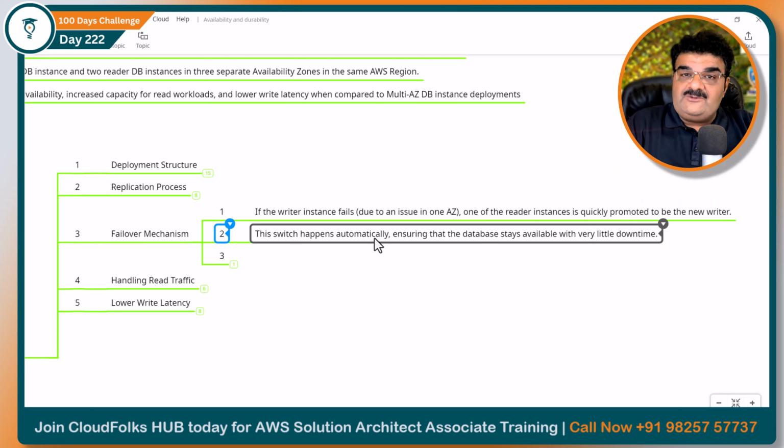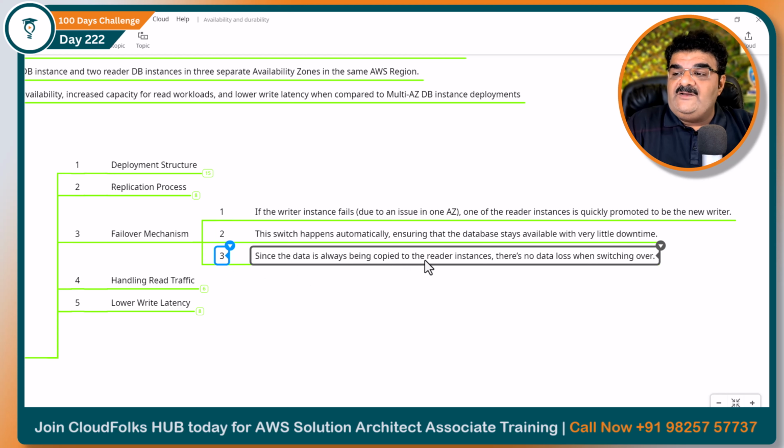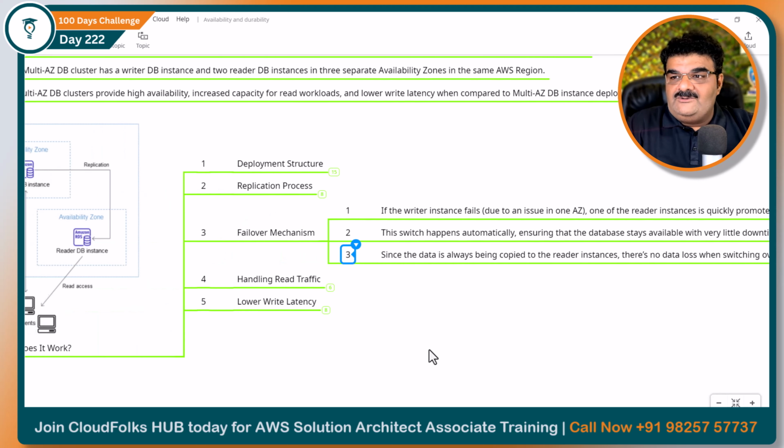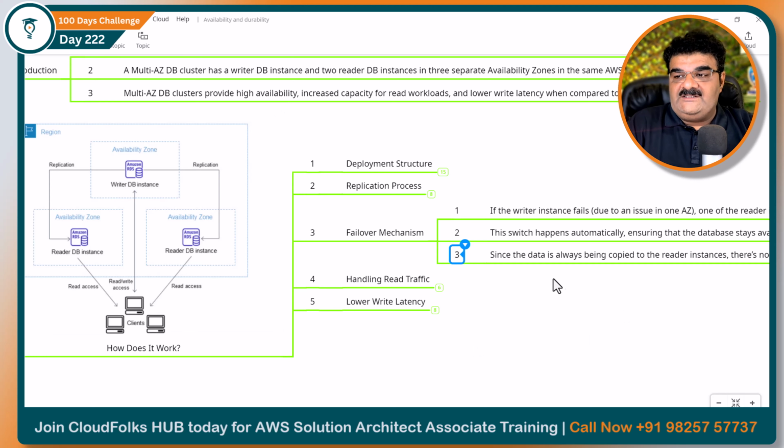This switch happens automatically, ensuring that the database stays available with very little downtime. Since the data is always being copied to the reader instances, there is no data loss when switching over. So there is no data loss because it is already replicating in real time. So the reader will just change its designation from reader to writer. Okay, so this is an automated process.